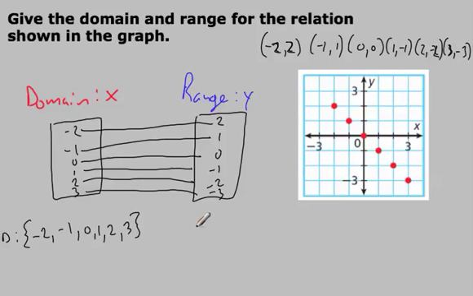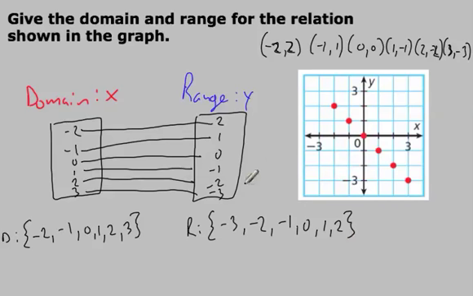There's my domain. And then I could list my range the same way because there's a finite set of points here. I can list 2, 1, 0, but recall, the way I like to do it is always go in alphanumeric order. So I like to go low to high, -3, -2, -1, 0, 1, 2.